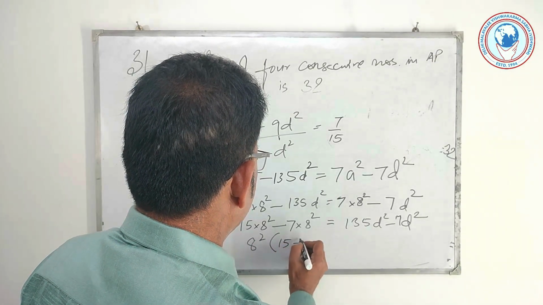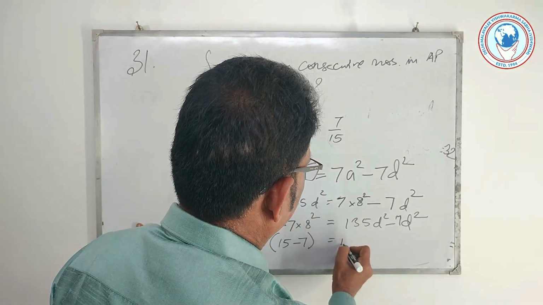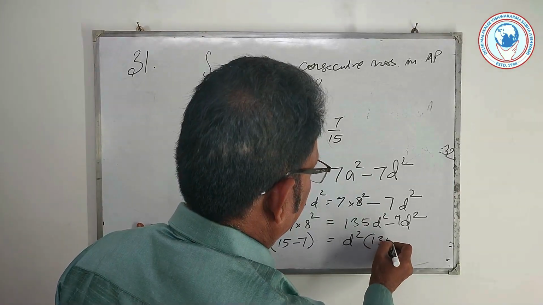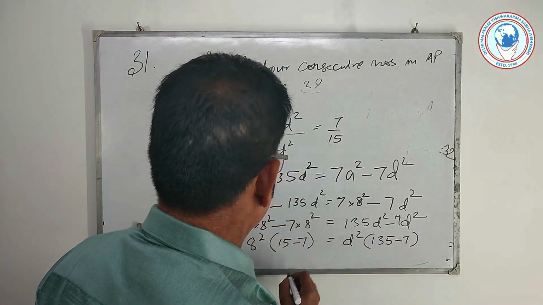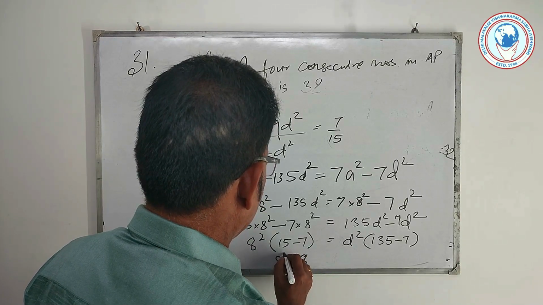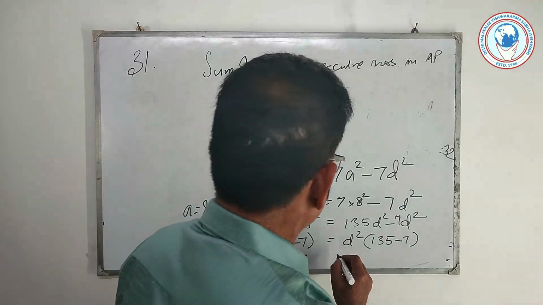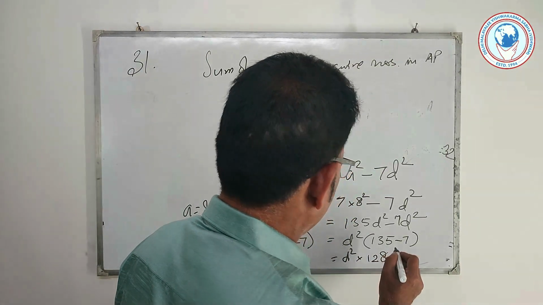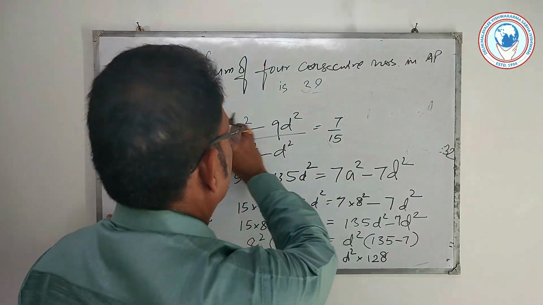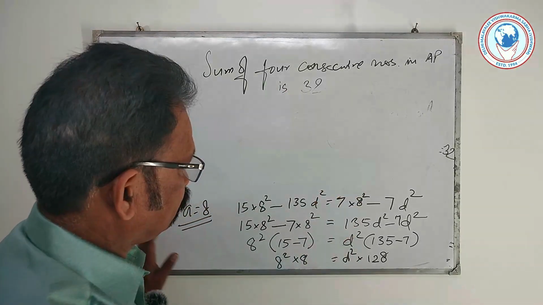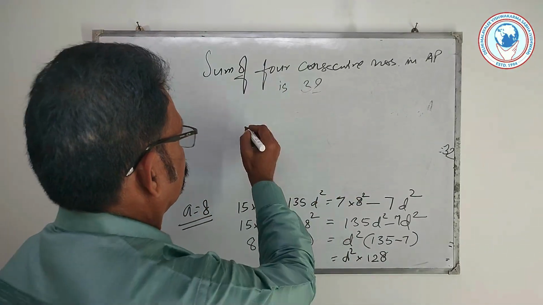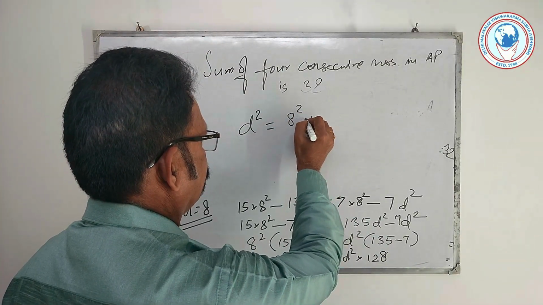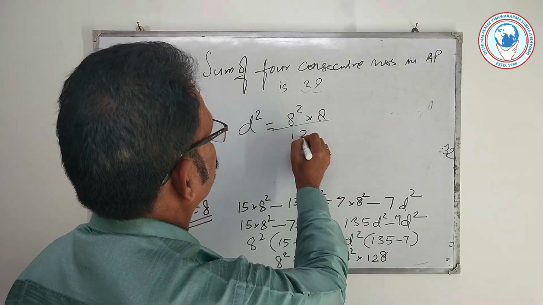8 square into 15 minus 7 equals d square into 135 minus 7. 8 square into 8 is equal to d square into 128. d square is equal to 8 square into 8 divided by 128.